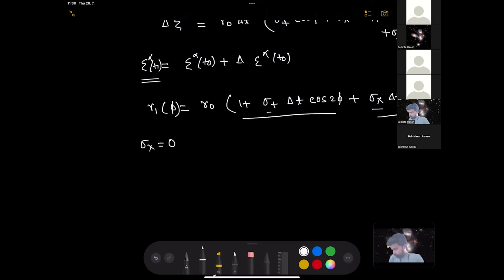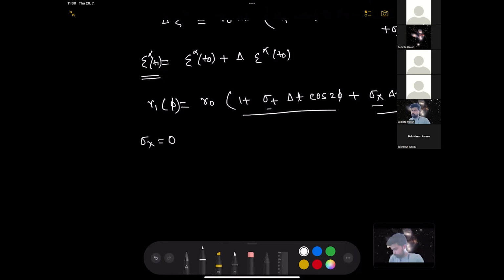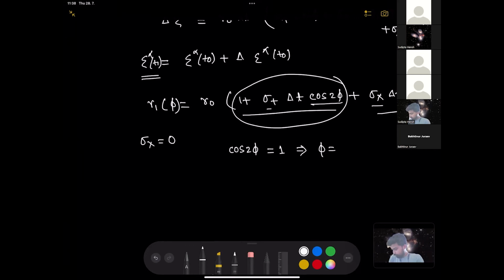So if we want to calculate the length of the semi-major axis, then this should be maximum. In order to maximize this, we have to get the maximum contribution from cos 2 phi. So let's say cos 2 phi is 1. That means phi equal to 0.